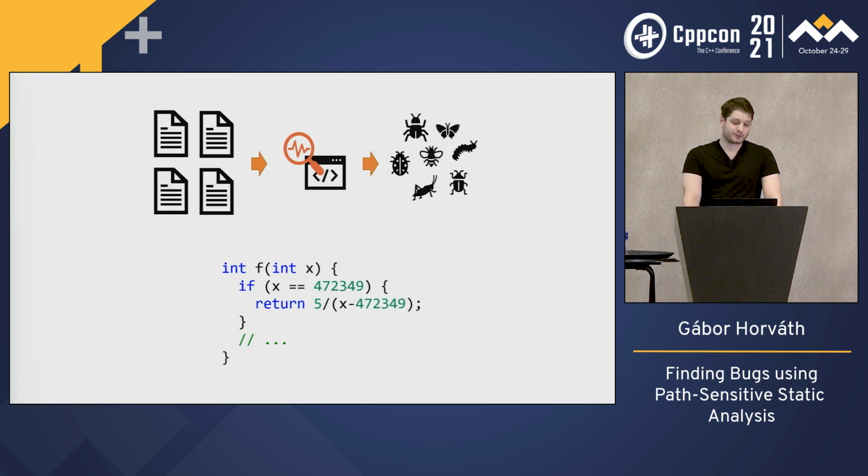For example, in this code snippet, there is a division by zero error, and if I were to do random testing, there is a relatively small chance to pick the right value that would trigger this bug. On the other hand, using static analysis, I can do a systematic approach that can find this error.